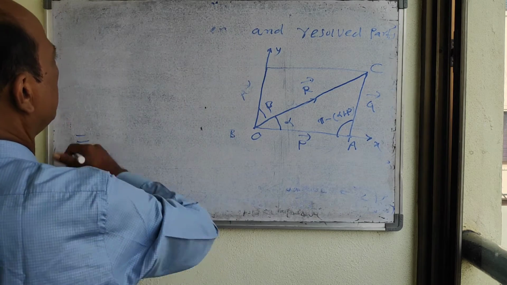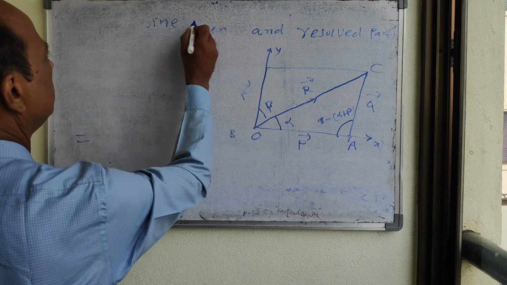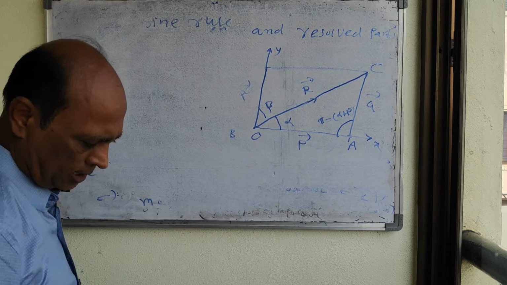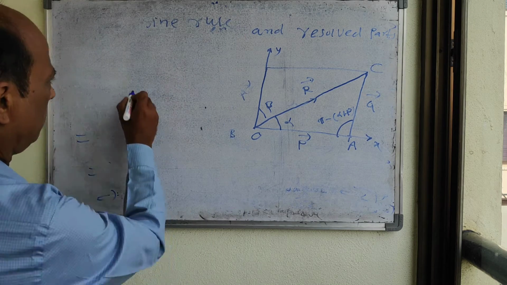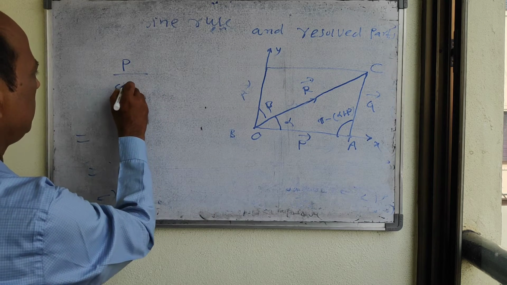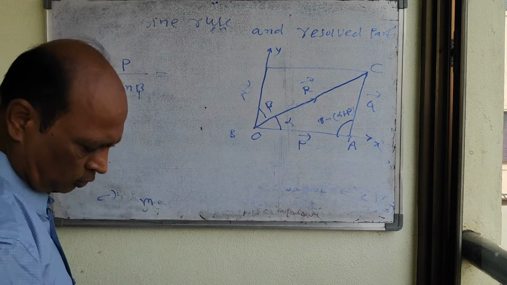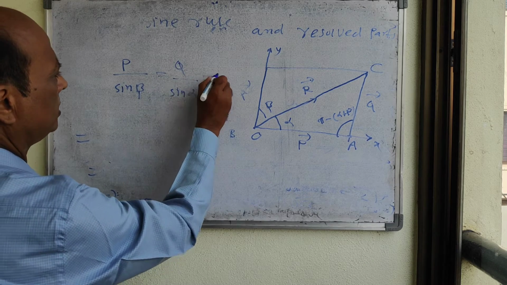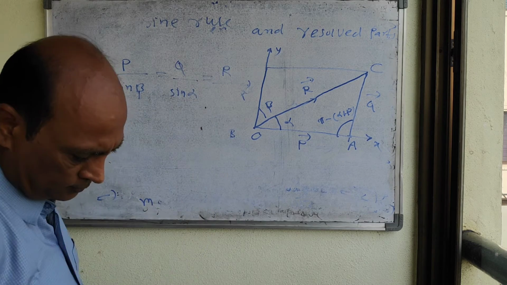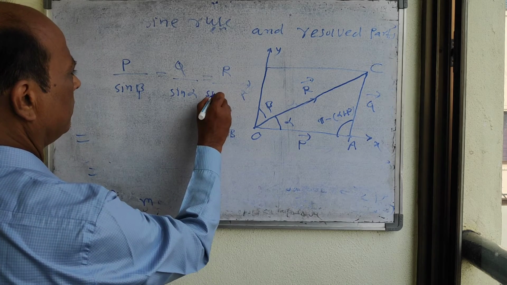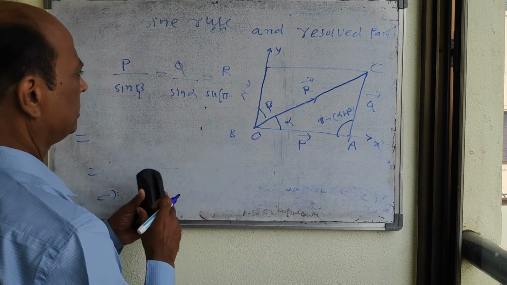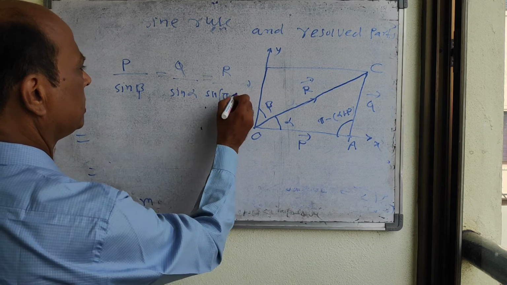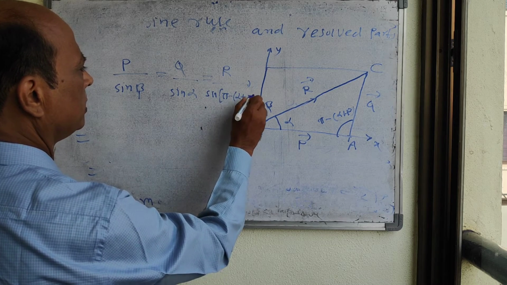So, by using the sine rule, we have P upon sine of beta is equal to Q upon sine of alpha is equal to R upon sine of (pi minus (alpha plus beta)).